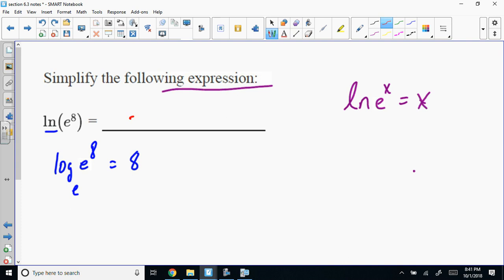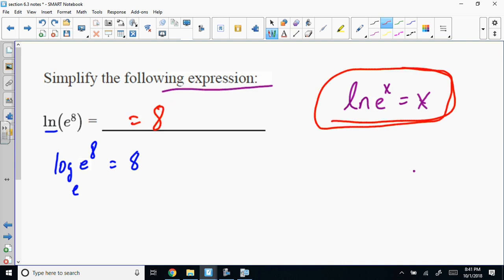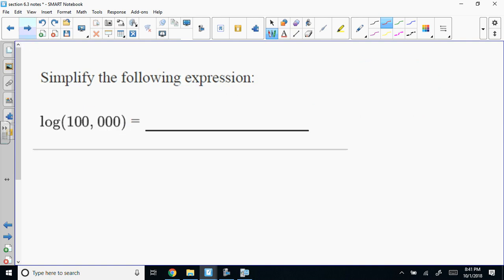So that's just 8. Really, this property right here would probably be beneficial. Natural log cancels out an e, so you're left with just the power. And those properties are on the back of that formula sheet.